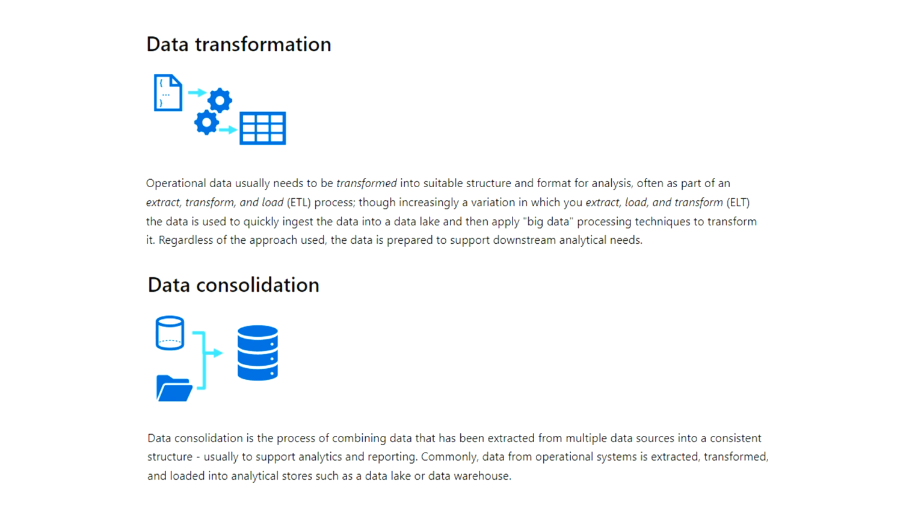So basically there are two analytical stores, one is the data lake and another is the data warehouse. In a data lake we can keep the data in its raw format, right, and it can also be transformed to the data warehouse.